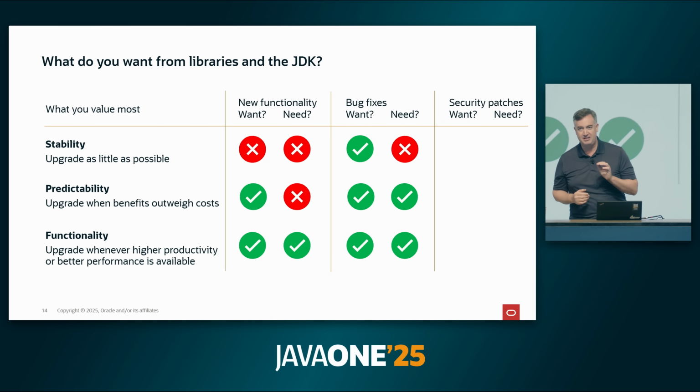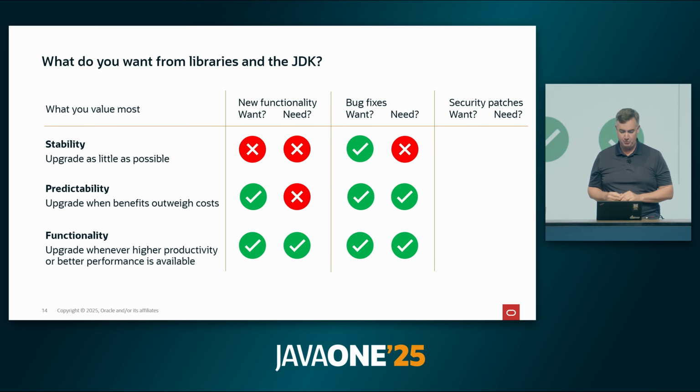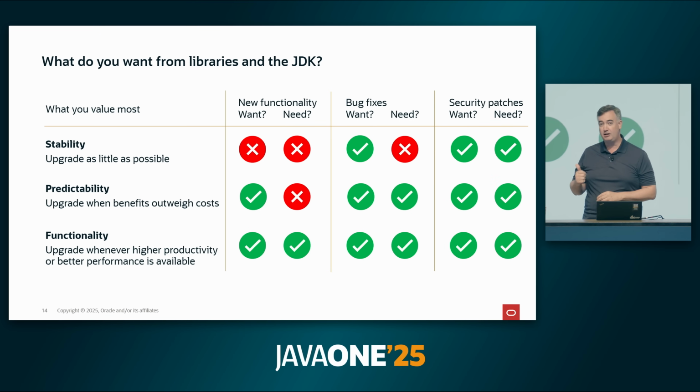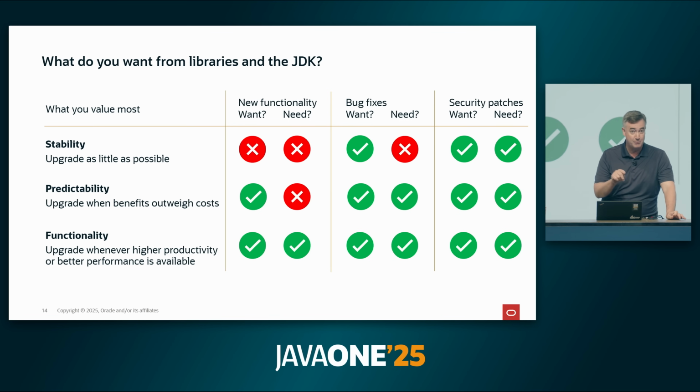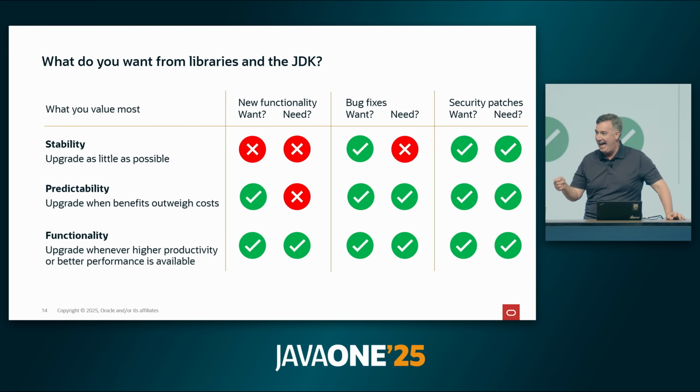Now, security patches are important to everyone. And this includes even the most stability-minded users. If your application is so deeply embedded in an organization that it must keep running without change on Java versions from many years ago, then security patches are essential to keep bad actors from taking control of your application and changing its behavior.